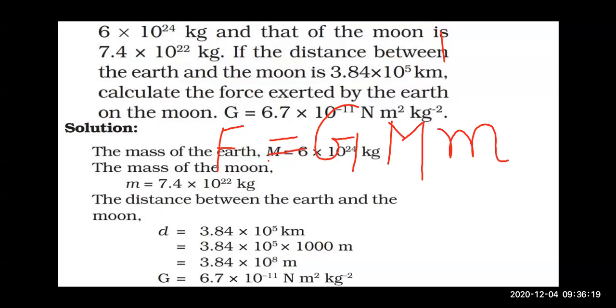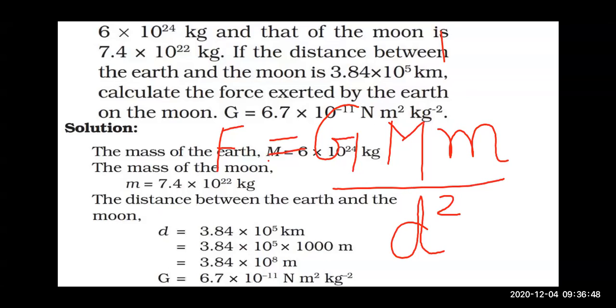upon distance between the two bodies square. So suppose the distance between the two bodies is d, so it was upon d square. This is the formula for gravitational force which we had derived yesterday.